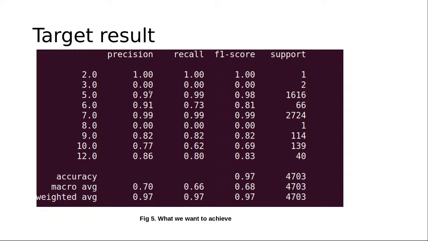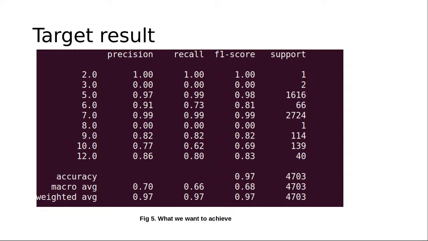For example, as far as the attack, for example 5.0, is concerned, it is able to achieve an accuracy of 97%, which means that whenever it sees 100 different network flows, it is able to detect 97 of them correctly.